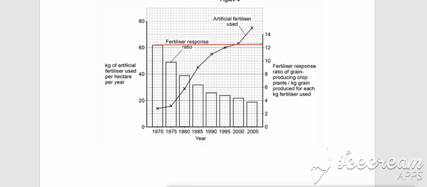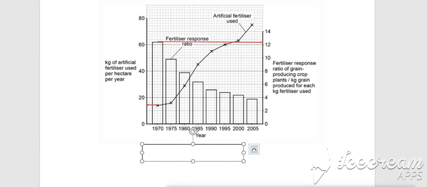We can then have a look at the amount of artificial fertilizer that's used, and we're going to read off the opposite side of the graph to gain this information, and we can see that this is approximately 14.